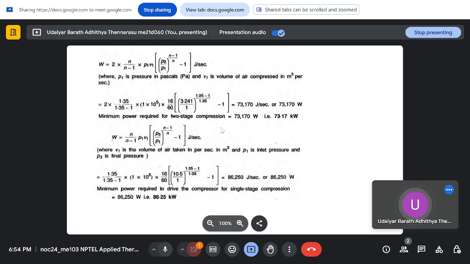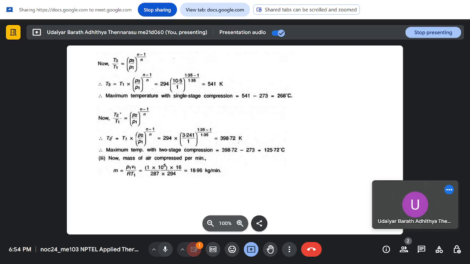This will also be the T3 temperature, because we are doing intercooling. The temperature drop which has to happen to the gas in the intercooler is from 398.72 to a temperature of 273.